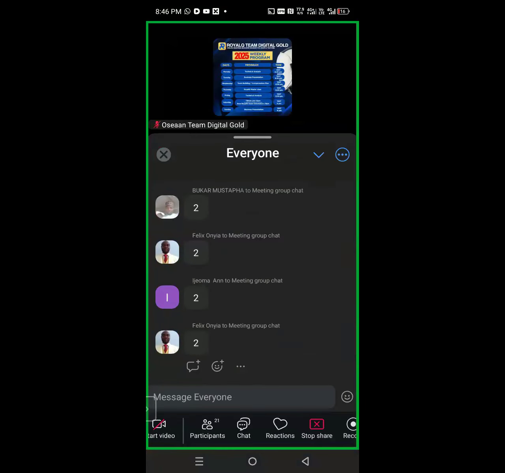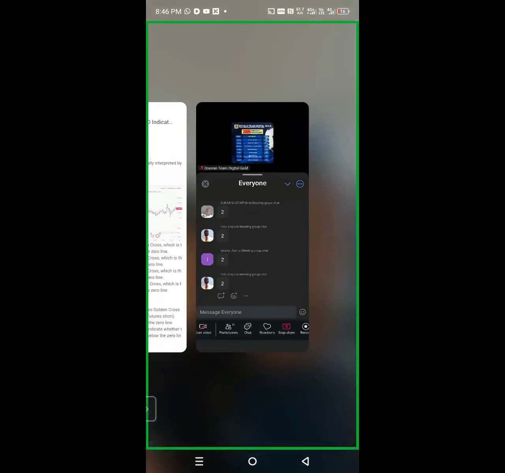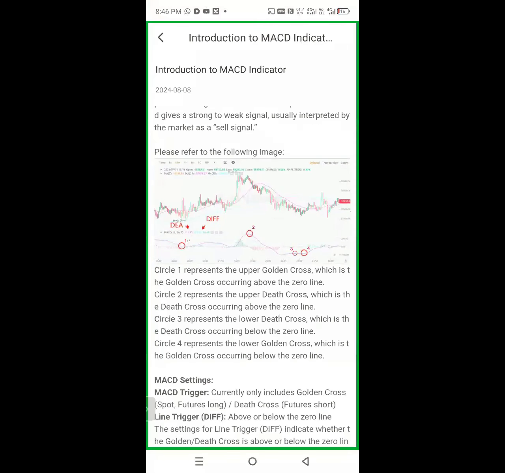Okay, Felix said 2. So 2 is the upper death cross. The death cross should happen in the upper region. If a death cross happens in the upper, positive region, you are confident to short the trade.